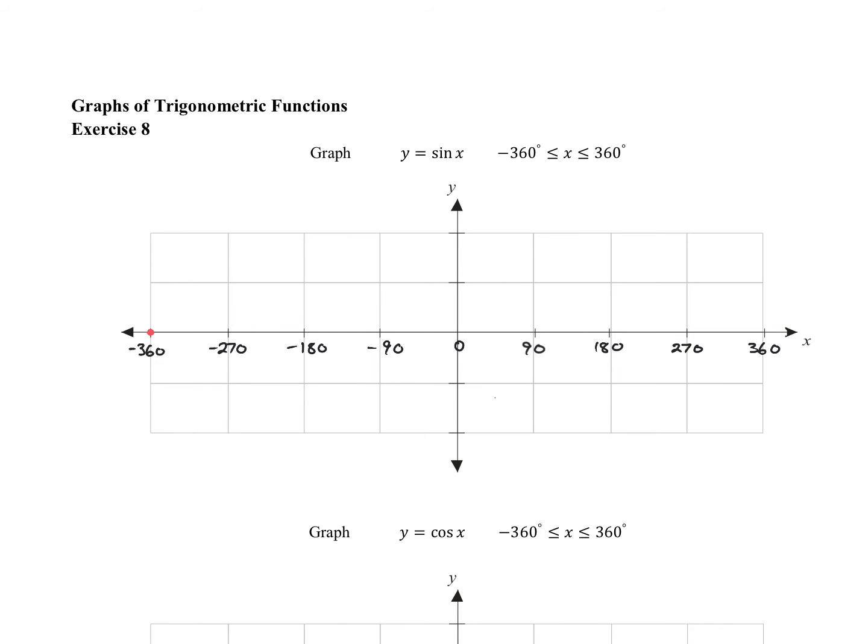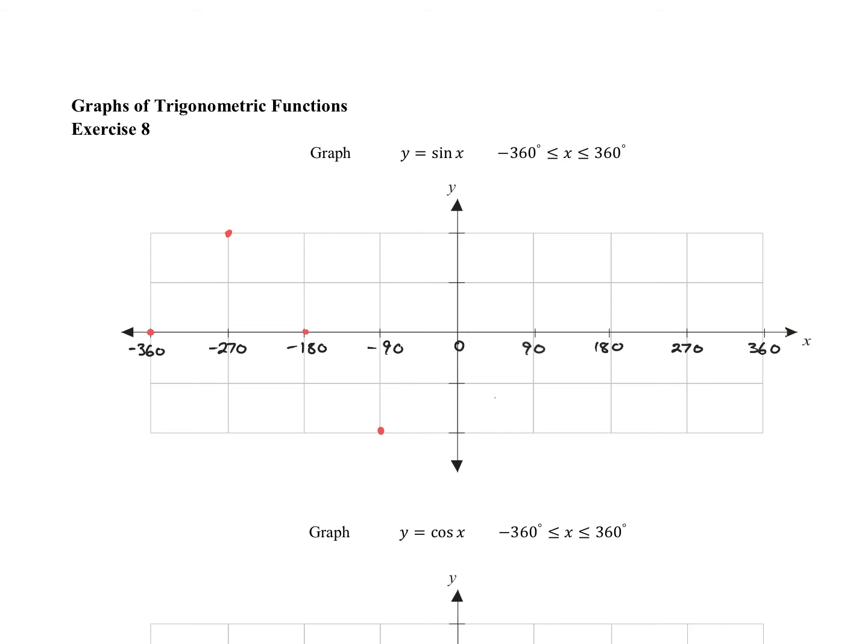Then put in sine negative 270, and you get 1. Sine negative 180, we get 0. Sine negative 90, all I'm doing is putting these values in, and we get negative 1.